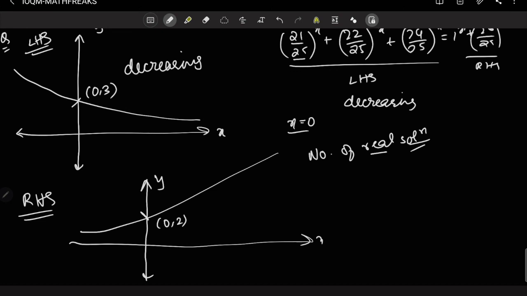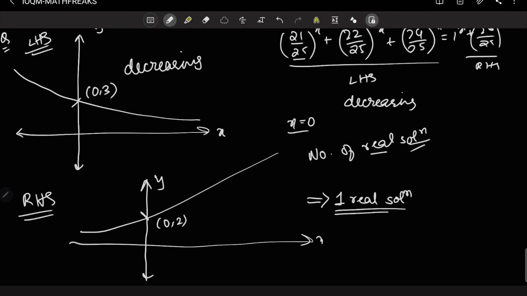Now observe these two graphs. If they have to intersect, at how many points can they intersect? 1, right? Because they cannot intersect more than 1. Very simple observation. Even if you look at the graph very clearly, you will get that it cannot intersect more than 1 time. So simply our answer is 1 real solution.